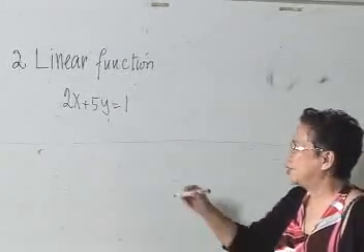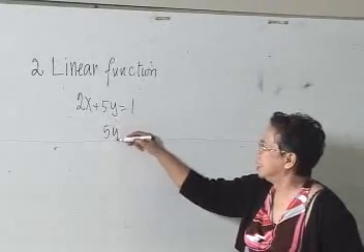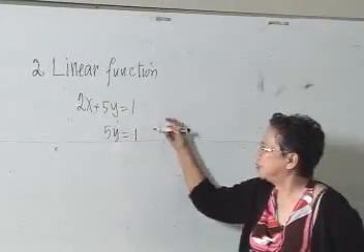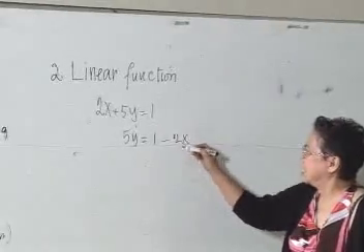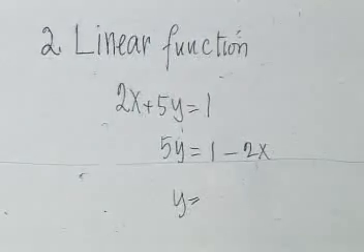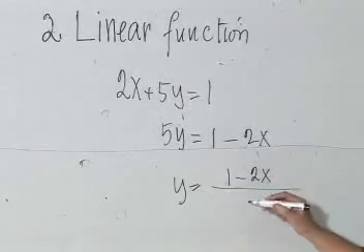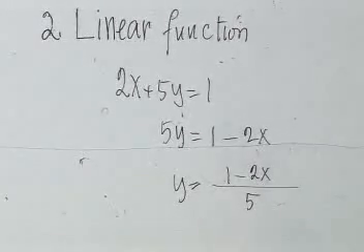Or, we can also solve for y in terms of x. So, 5y equals 1 minus 2x, we transpose 2x. Or, solving for y, we divide both sides by 5. And so, we get 1 minus 2x divided by 5.